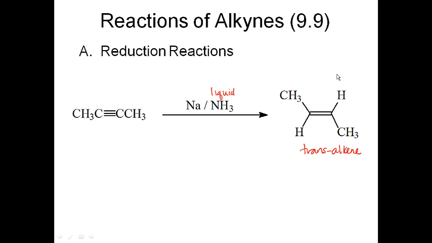And this is actually a very old method of doing reductions. The sodium metal is metallic sodium. Liquid ammonia, you might think, well, wait, ammonia is a gas. You can actually form liquid ammonia. Ammonia liquefies at about minus 35 or so degrees Celsius.